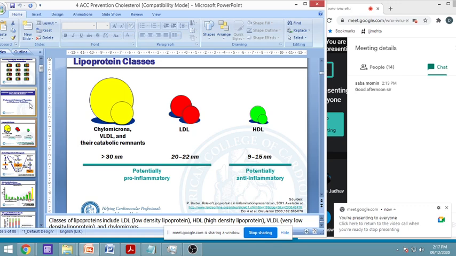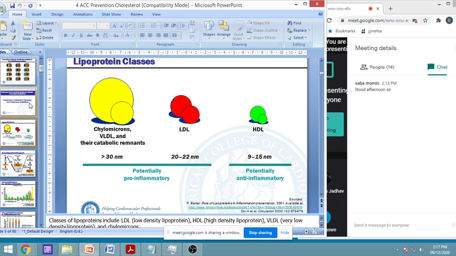We know them as VLDL, chylomicrons, and catabolic remnants. As I told you, if you remember, we have seen yesterday, these are the remnants of chylomicron and others. Size wise, they are greater than 30 nanometers. LDL is around 20 to 22 nanometers, and HDL is 9 to 15 nanometers.